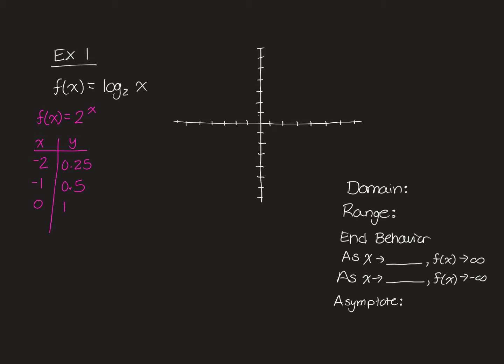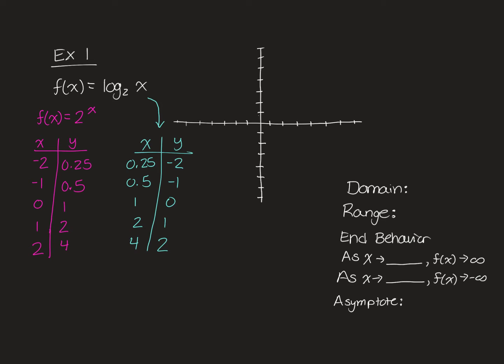When x is 0, we are at 1; 1, 2; and 2, 4. To get the inverse, we just need to switch our x's and y's. So now we have 0.25, negative 2; 0.5, negative 1; 1, 0; 2, 1; and 4, 2. This is your table for your logarithm.